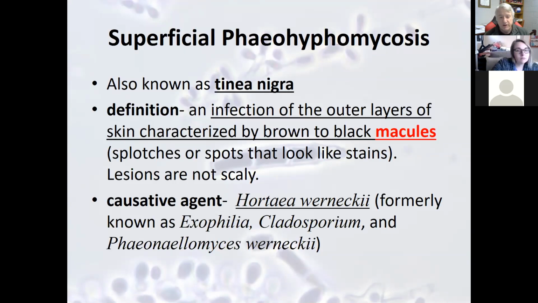And this one we change our names. We have a different one for Hortaea werneckii, formerly known as Exophiala, Cladosporium, and Phaeoannellomyces. Sorry, I was going Mycoses werneckii. So werneckii stayed, but they actually changed the genus to Hortaea.